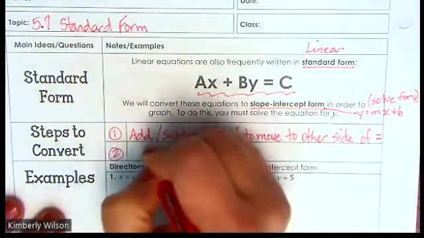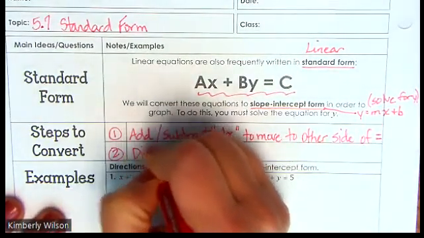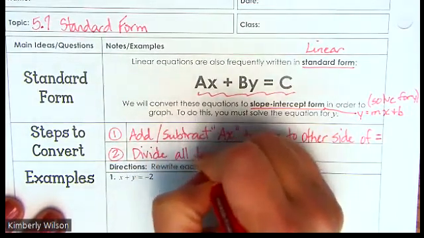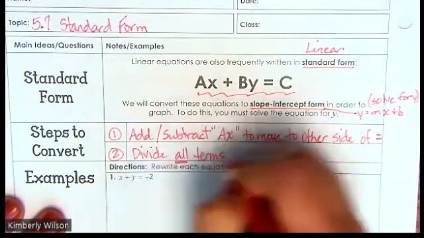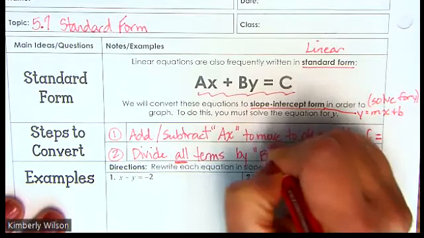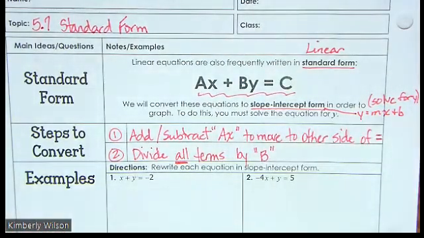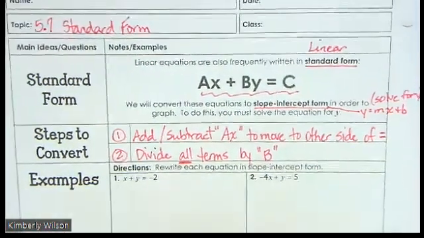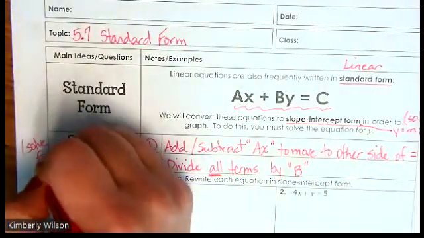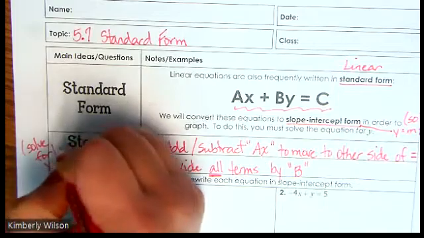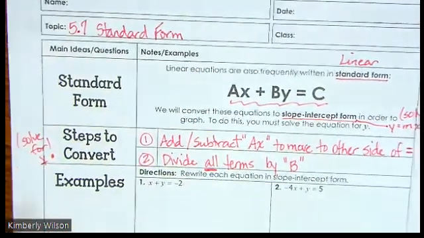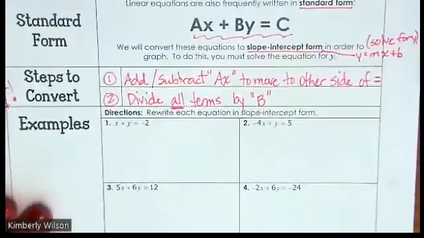Step 2, divide all terms by b, just b. Okay, so again, remember, steps to convert, we're solving for y. That's the goal, to solve for y in the equation. Okay, now it's just going to be working some examples.